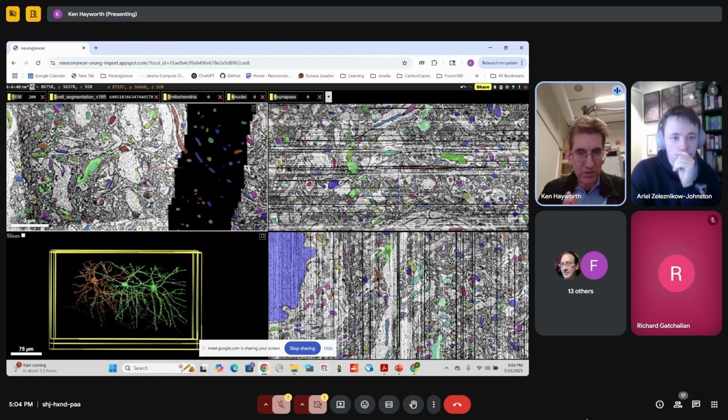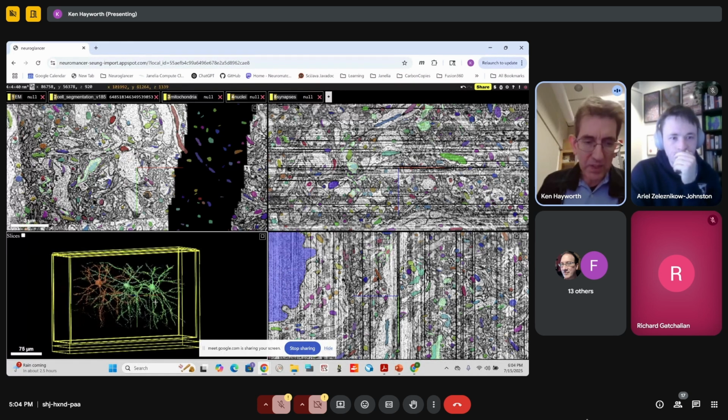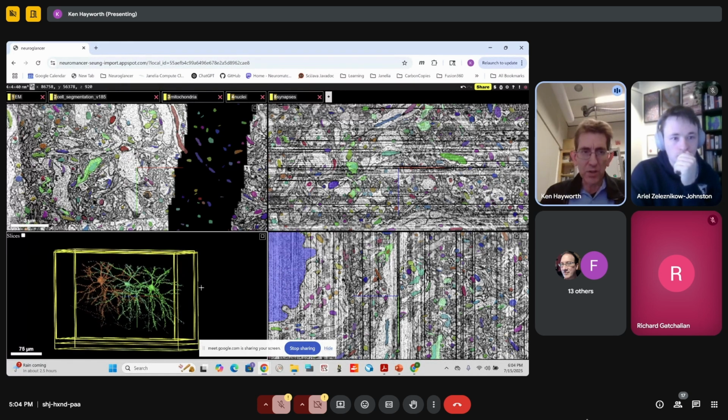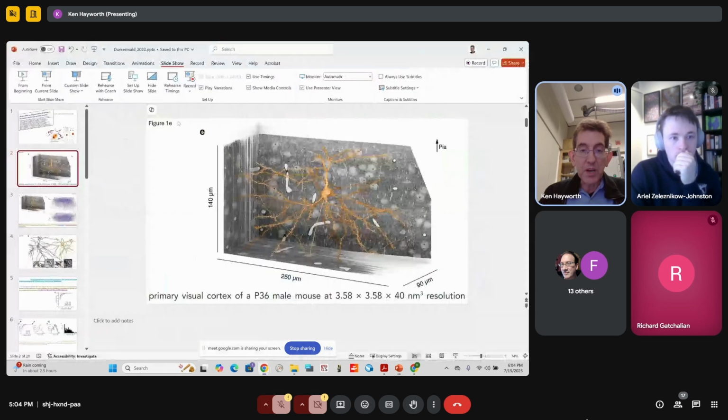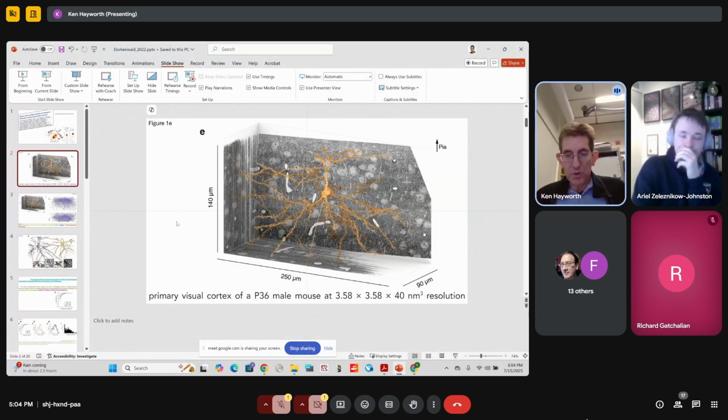This paper does layer 2-3 pyramidal cells connecting to other layer 2-3 pyramidal cells in this volume. But this paper has way more statistics than any other paper that I've seen that looks at these types of matched synapses. So I'll go into that in a second.